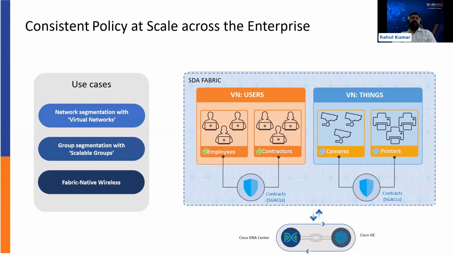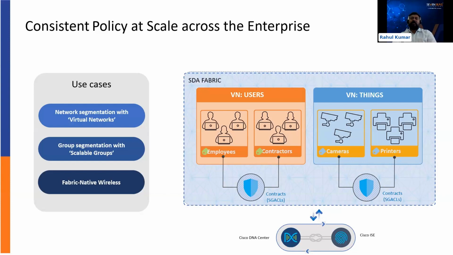For example, employees and contractors are grouped under users, and cameras and printers are things, or IoT. Macro segmentation keeps devices in one virtual network from accessing those in another, so it also helps against lateral movement of threats.